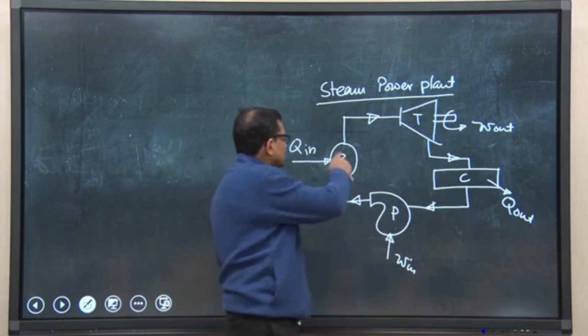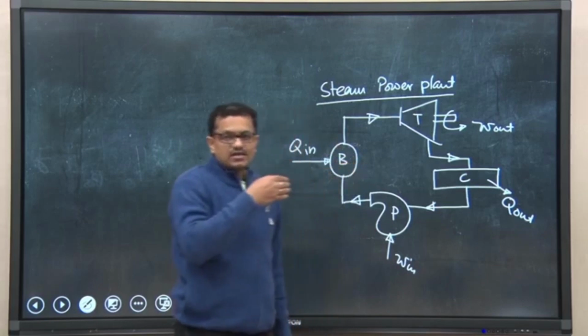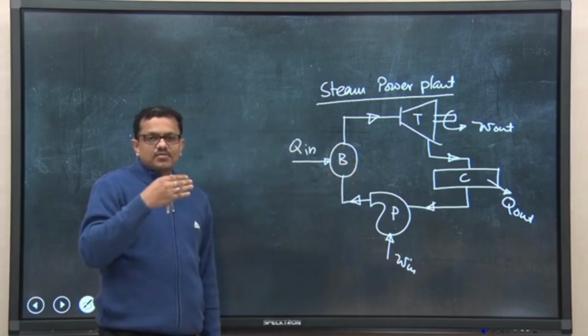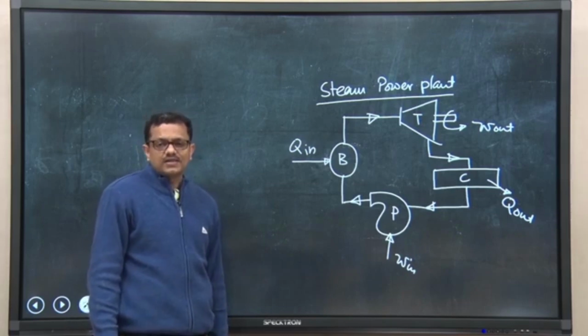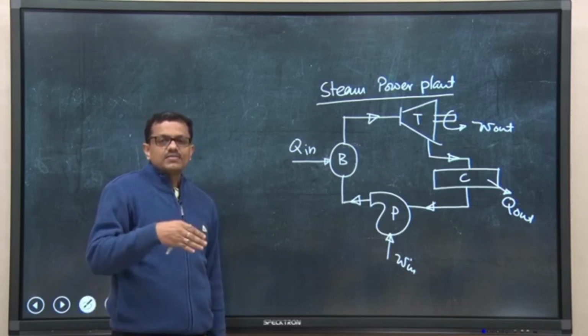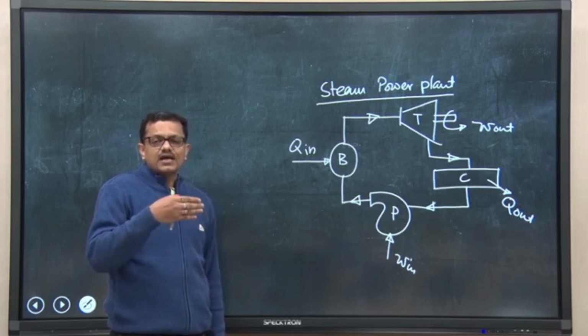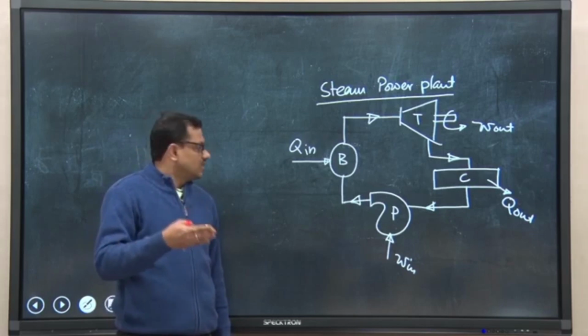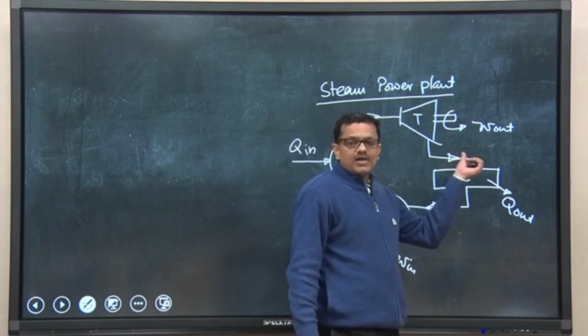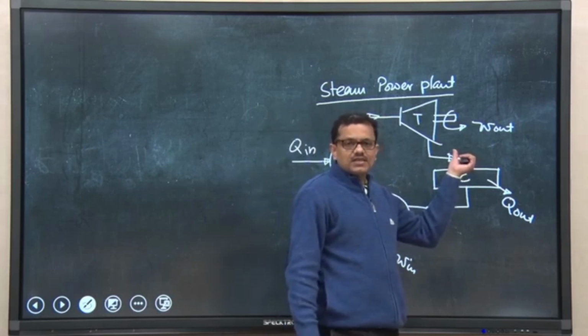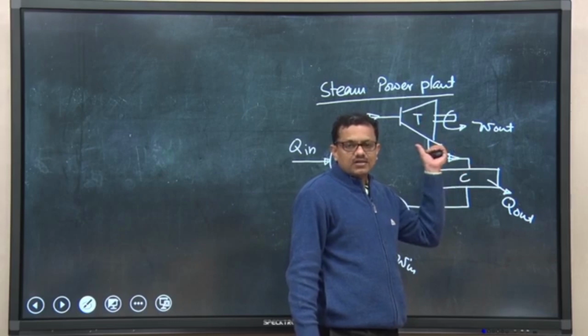So, at the exit of the boiler, steam which is being produced, that steam is having high temperature and pressure. From that high temperature and pressure of steam, if we look at the exit of the turbine, we are getting again steam, but that steam is having low temperature.